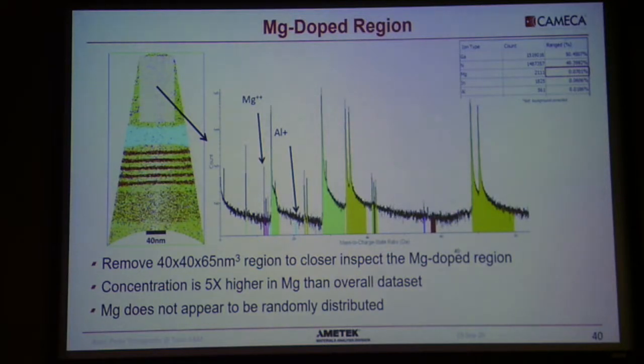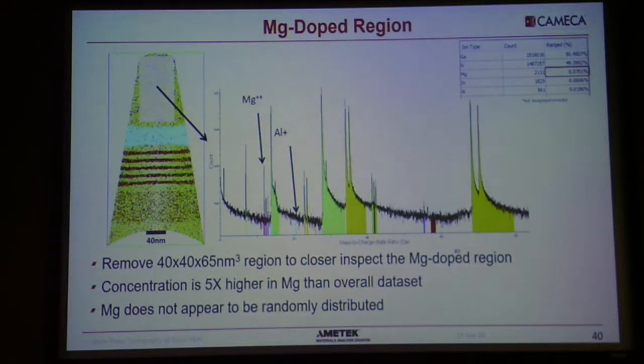Okay, so we're going to take a square or rectangle in the volume, and by interrogating with the mass spectrum and getting an analysis of the composition, we have a concentration of magnesium here that is about 5 times what we found in the overall data set. Okay, we had about 0.1 something, and now we have 0.7.